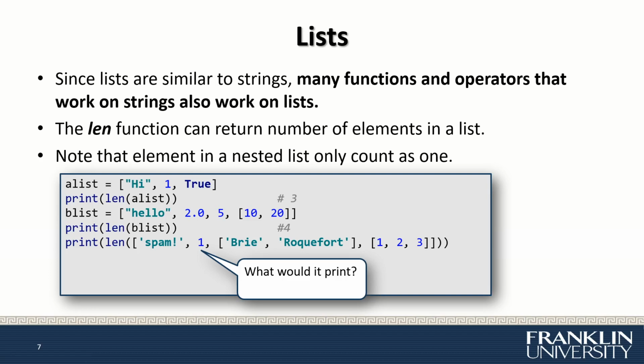Well, you're going to print 3 here. B list has 1, 2, 3, 4 elements, even though 10, 20 is a list within B list, it only counts as 1 element. So len of B list is 4.